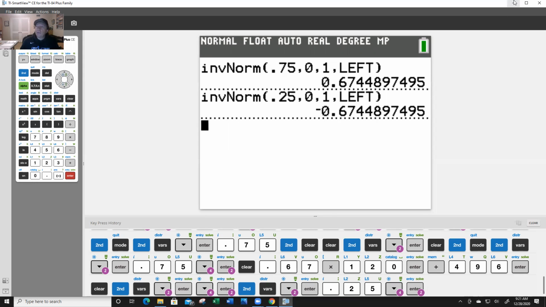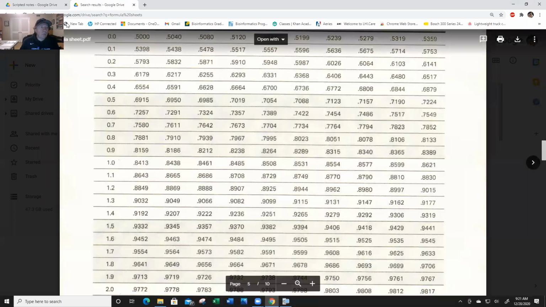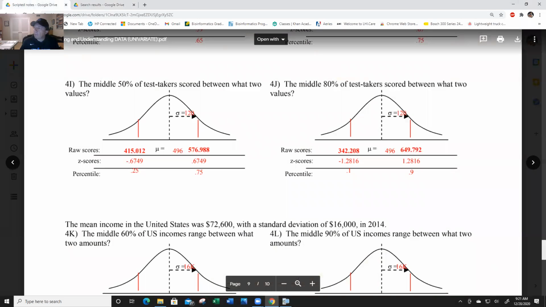So what I've got to do is two separate problems here. I'm going to go negative 0.67 equals x minus 496 over 120. I don't know this number here, x.